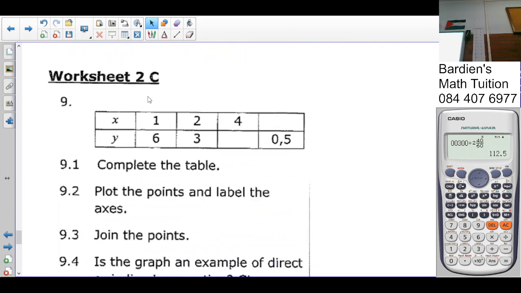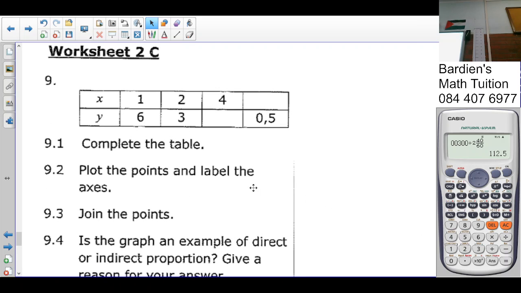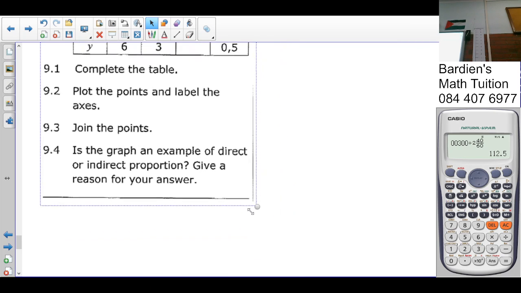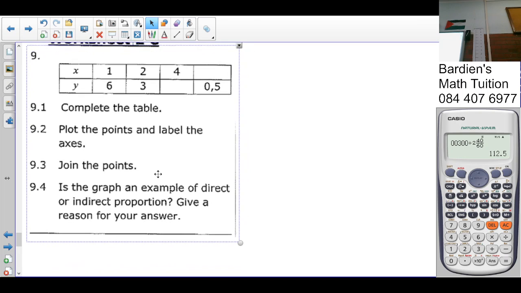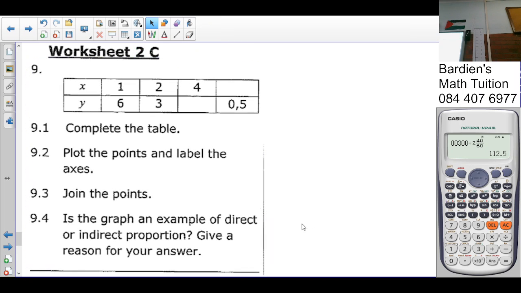Alright, let's look at number 9. Number 9, complete the table. Now you see here, what's 1 times 6? 6. 2 times 3? 6. Can you see that?